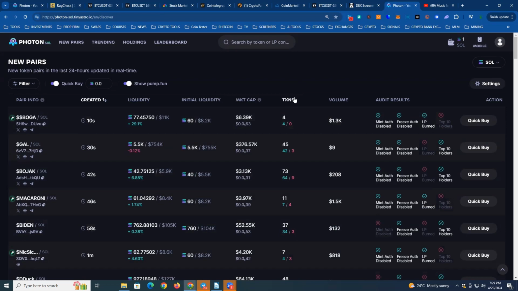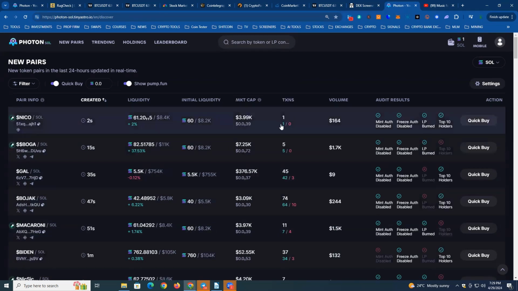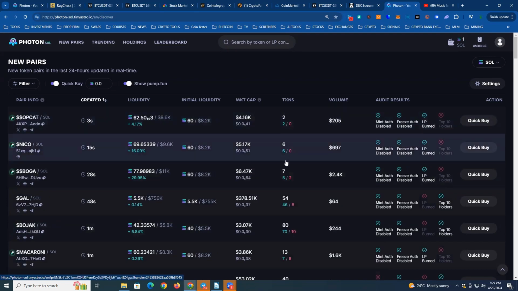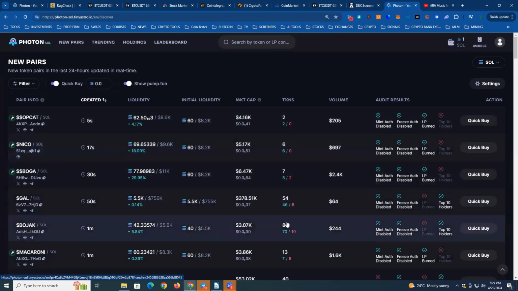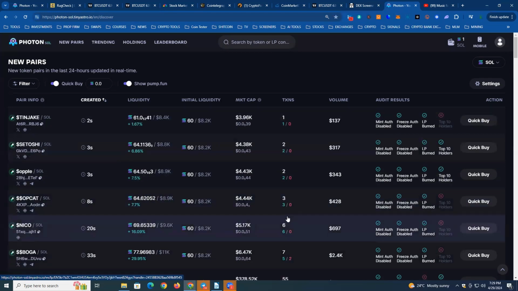The next column is what is known as the transactions columns. You would see on the green side would be the number of buys, and the red side would be the number of sells. You want to ensure that a number of factors are in place. You want to ensure that the number of transactions is of a sizable nature, and you want to ensure that there is enough liquidity within that coin to ensure that you can withdraw your profits from that trade.